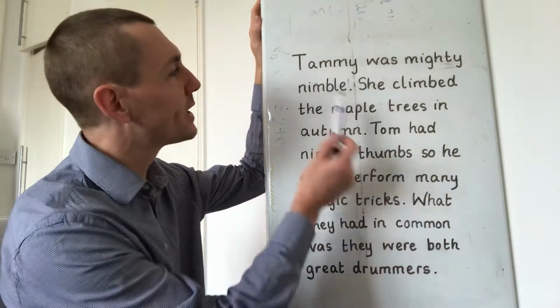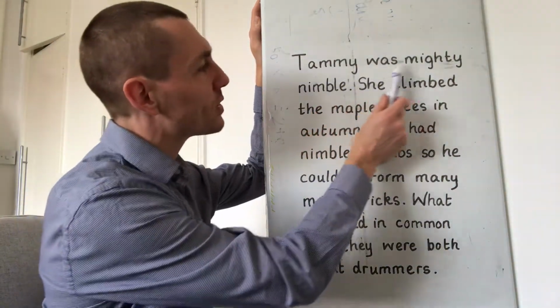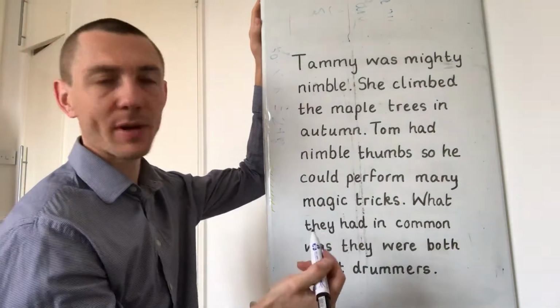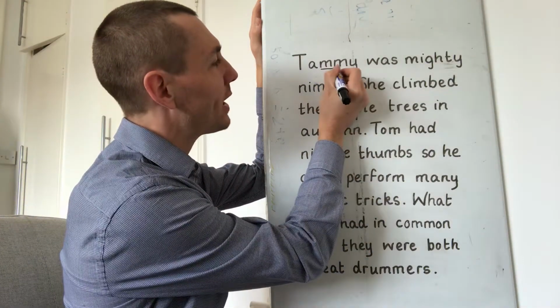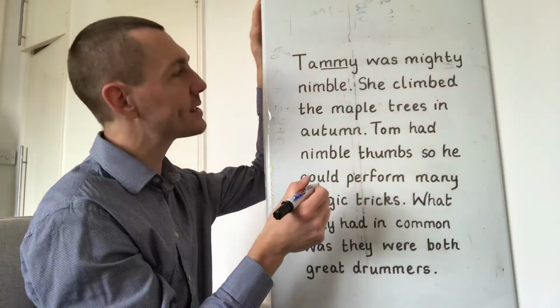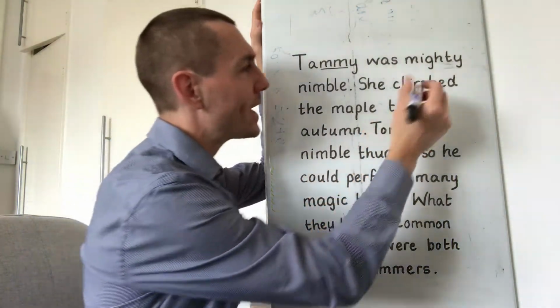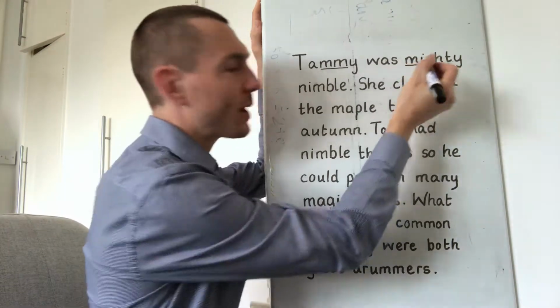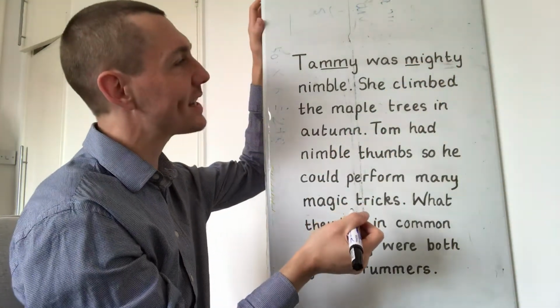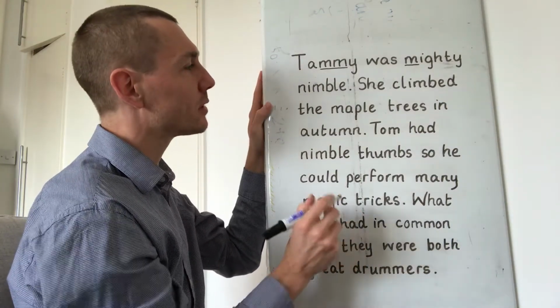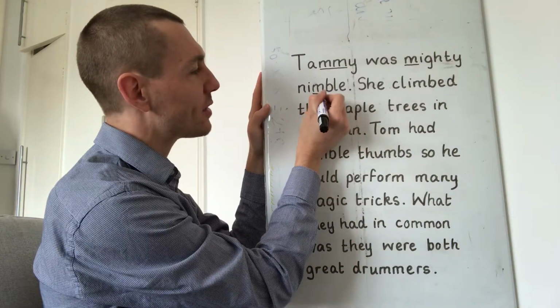So, Tammy was mighty nimble. Okay, so in Tammy, I've got the double M spelling, so you should have written Tammy. Tammy was mighty, and I've got the M on its own spelling. Mighty, you should have written mighty. And nimble, I've got the M on its own spelling again.